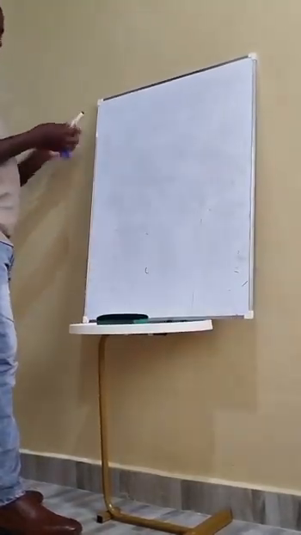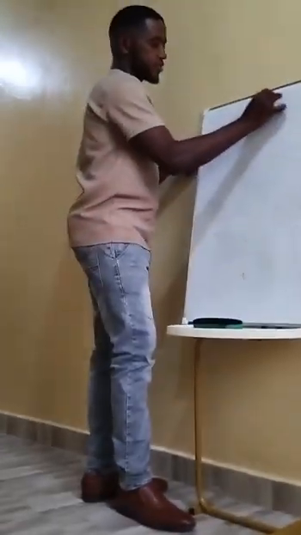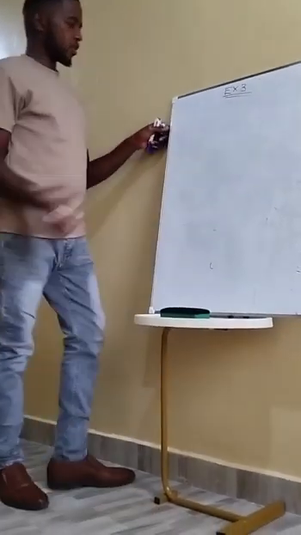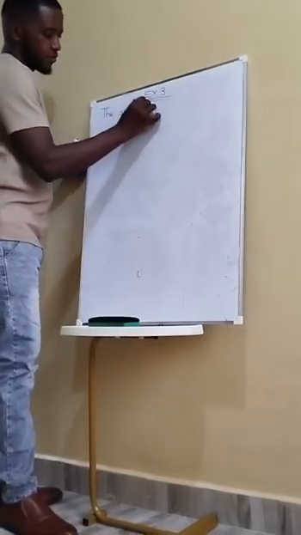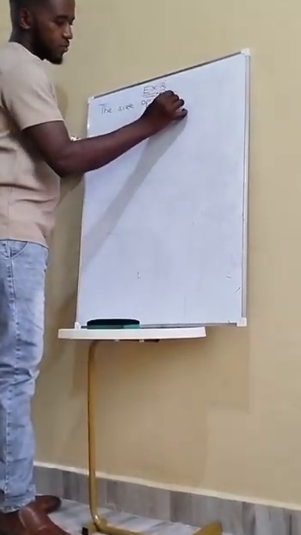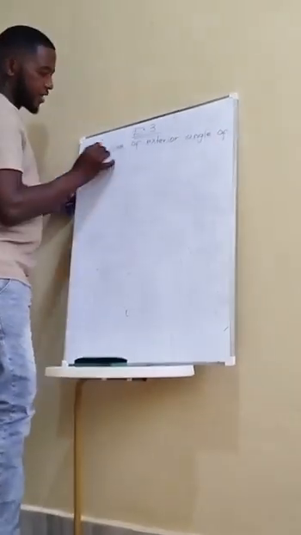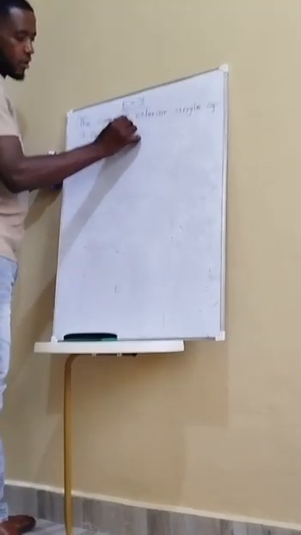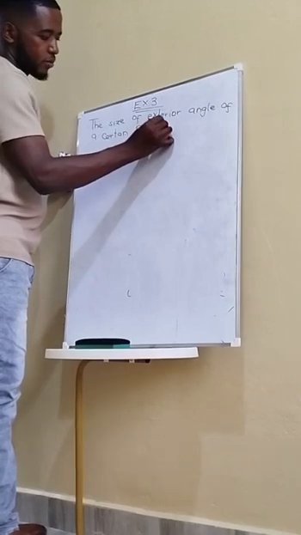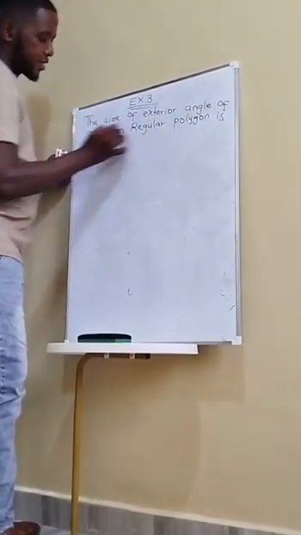The question goes like this. Example 3. The size of the exterior angle of a certain regular polygon is 30 degrees.